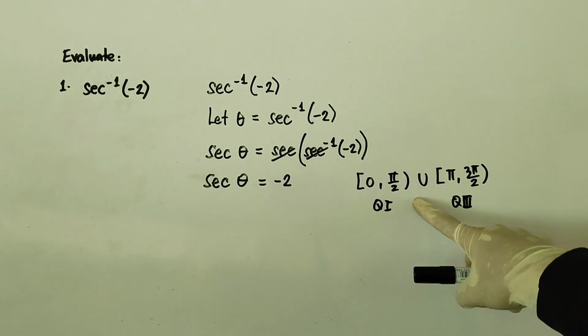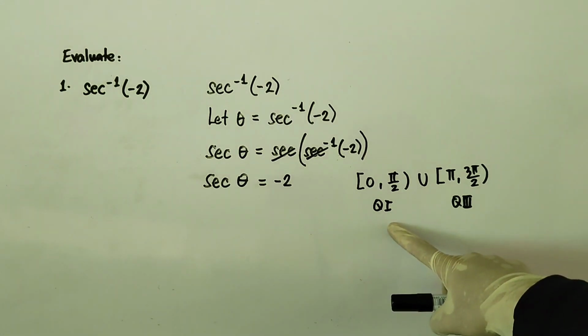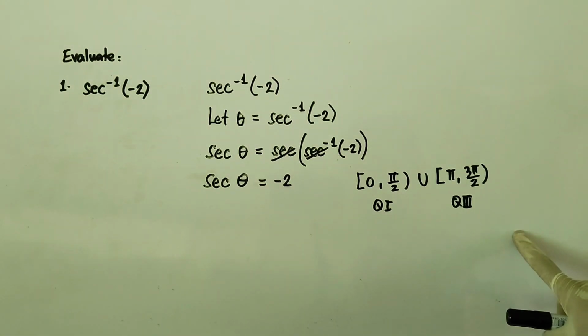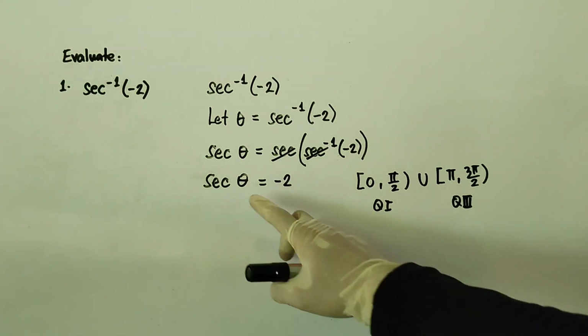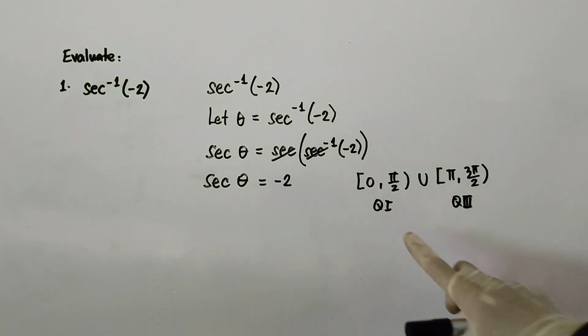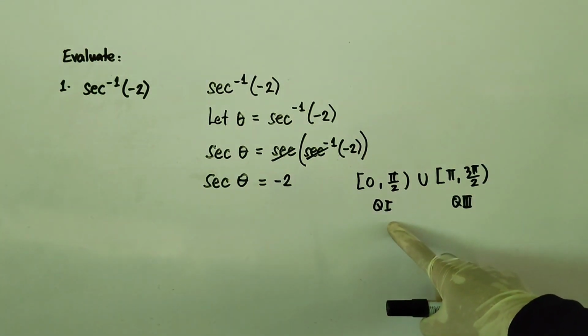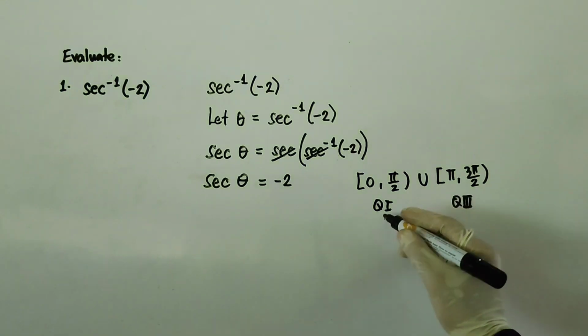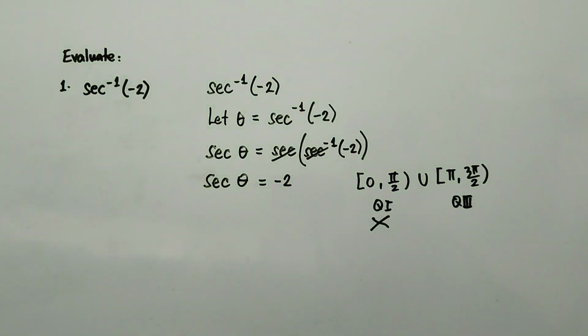Remember the range for the arcsec is either quadrant 1 or quadrant 3. And since secant theta is -2, and in quadrant 1 all functions are positive, we will omit quadrant 1 as a possible location of our theta. By that, we can assume that theta here is located in quadrant 3.